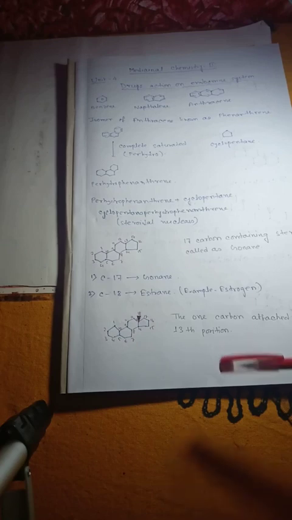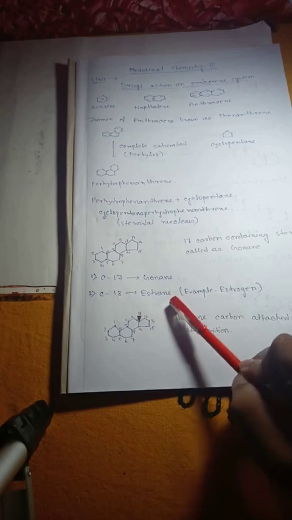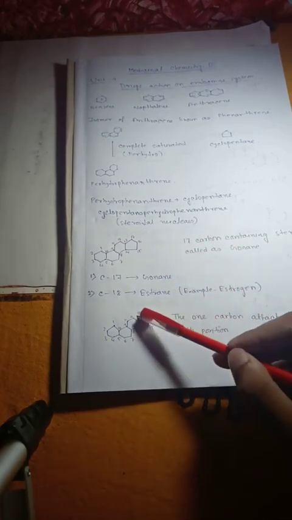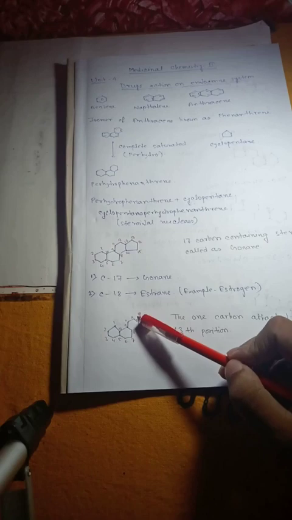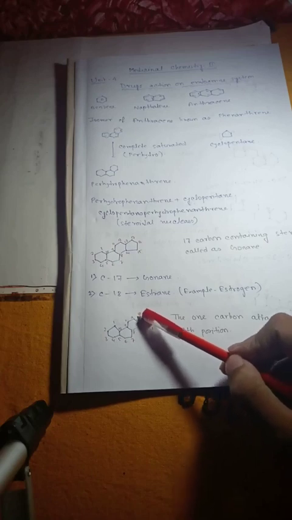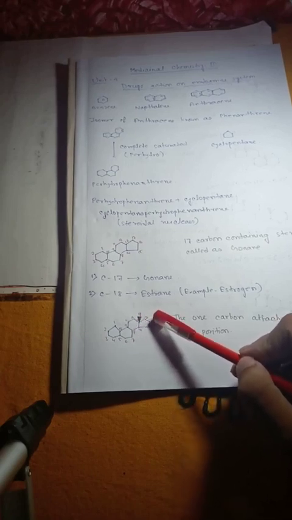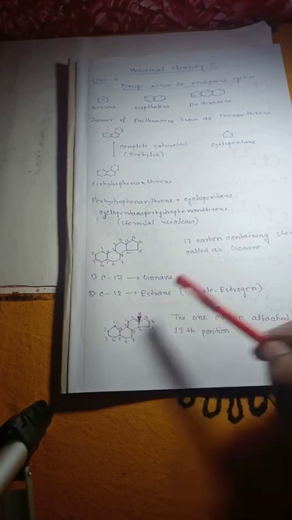This is the structure. If the number of carbon atoms is one extra, C18, it is called estrane. One extra carbon is attached at the 13 position as a beta bond, that is C18. Estrane, the example of estrane is estrogen.